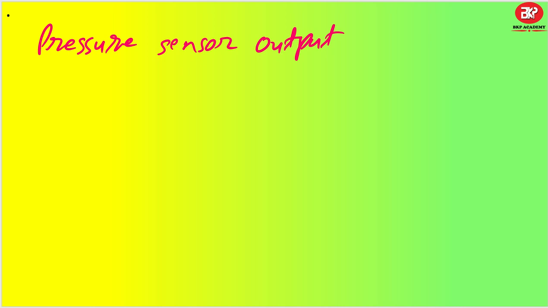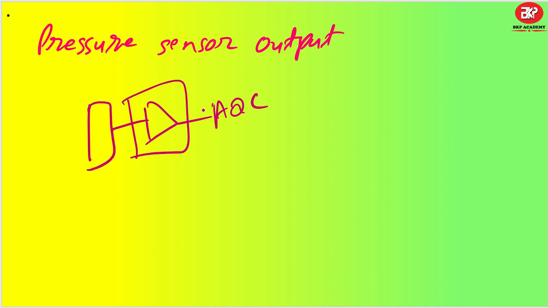I am not going to tell you how to design the compensation and amplification circuits, because we will not take the pressure sensor output directly. Let's say this is my pressure sensor, then we will go through some amplification, and then send it to my ADC. Understood? All these conditioning and amplification circuits we have already discussed in our sensor application sessions.